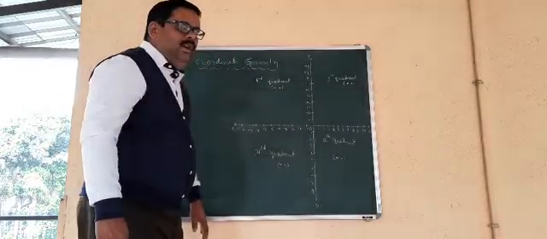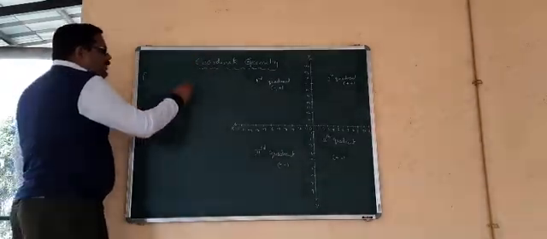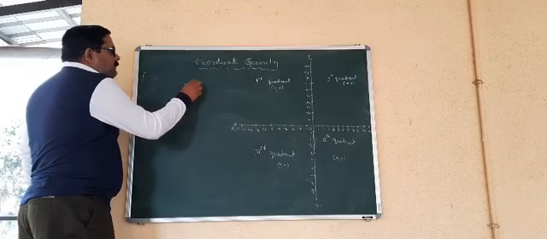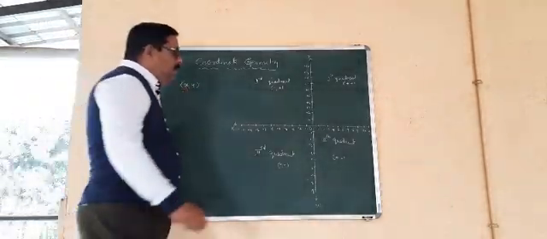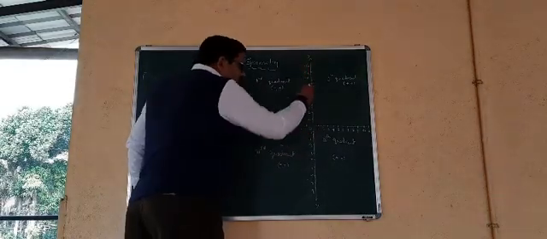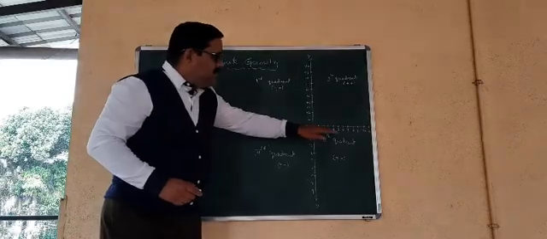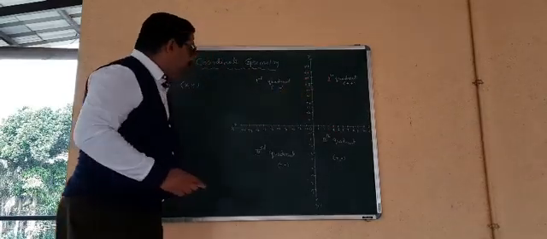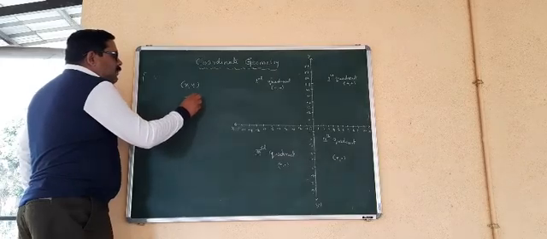When we locate a point, it has two values, in the form of x, y. The x value means the distance from the y-axis, and the y value means the distance from the x-axis. For example, we have a point 3, 4.